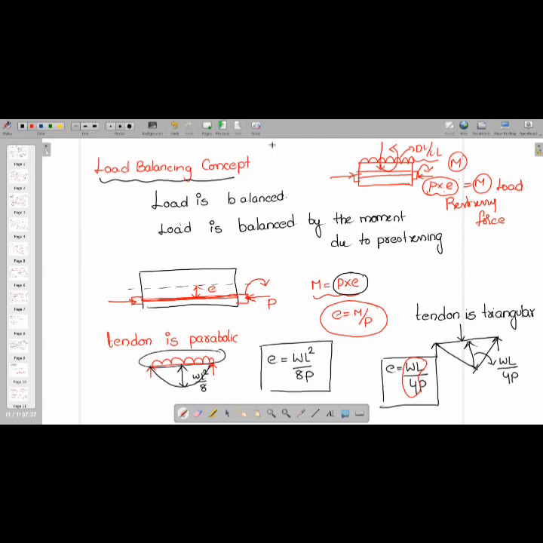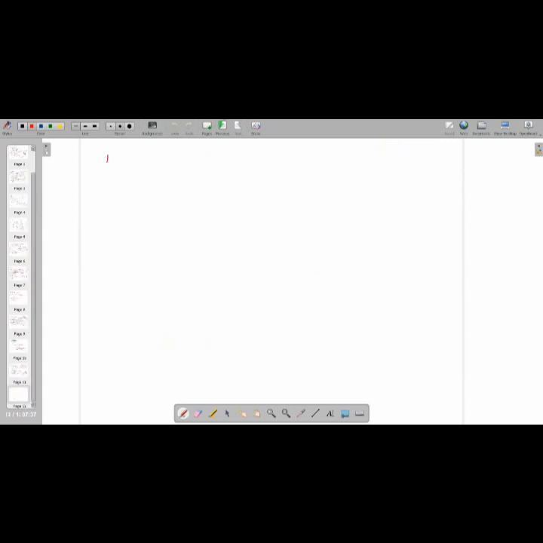Now see, students, we have talked about parabolic and triangular tendons. Suppose there is a trapezoidal tendon, somewhere like this. Please solve this.